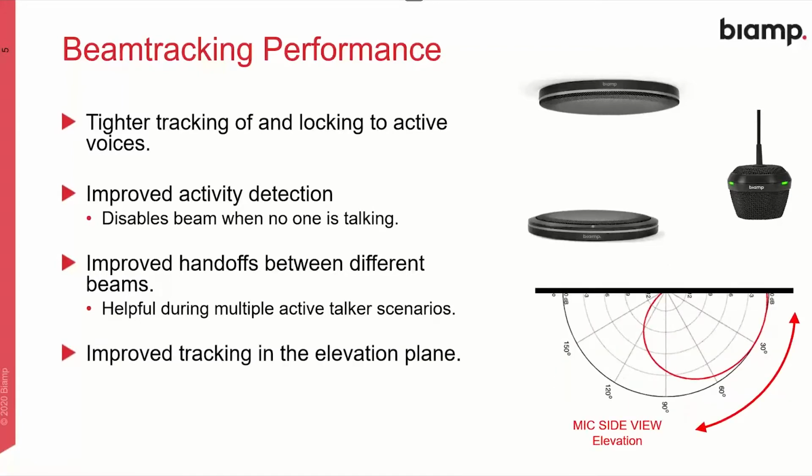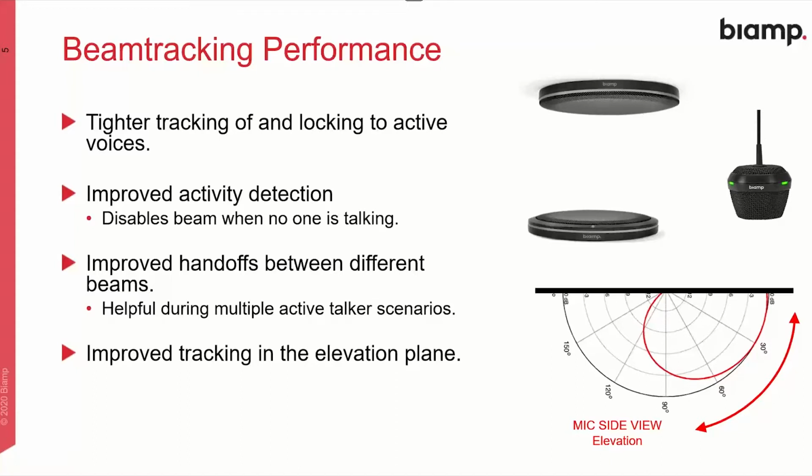We've also improved the tracking in the elevation plane. So if you have a ceiling mounted microphone, this is the down angle from the ceiling. It's a little bit better behaved and tracks a little bit better based on the talking target in the room.